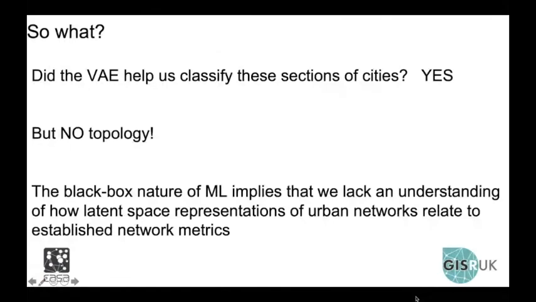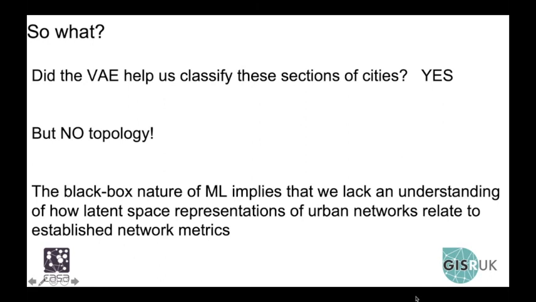So yes, it helps us classify cities, of course. But the main issue is that all these are images only. There is no topology there, no topology whatsoever. So that's still a real issue that we have there.